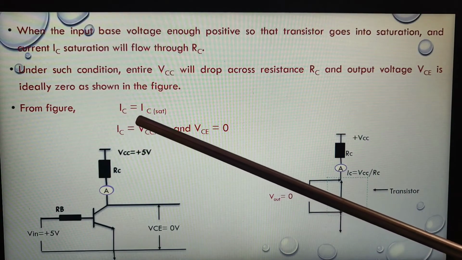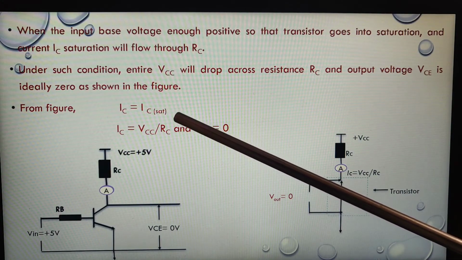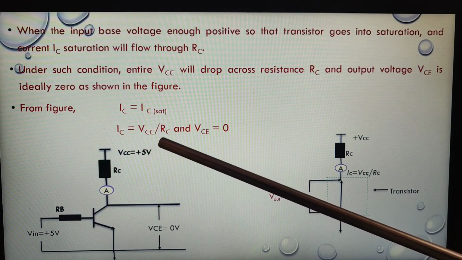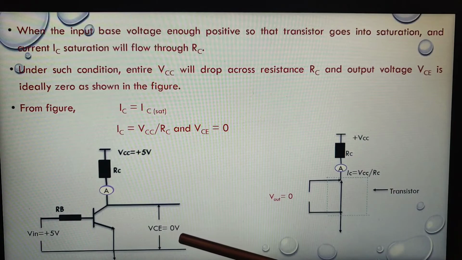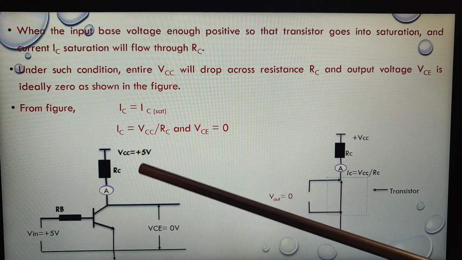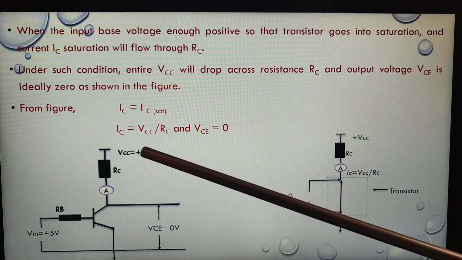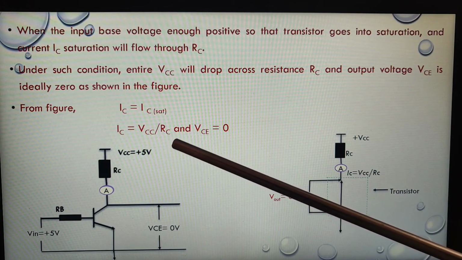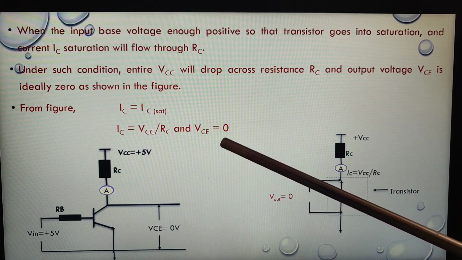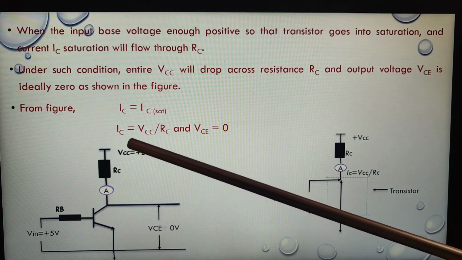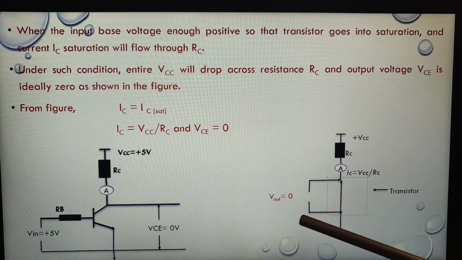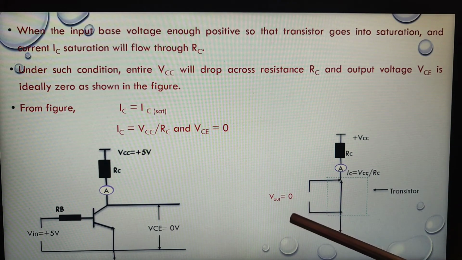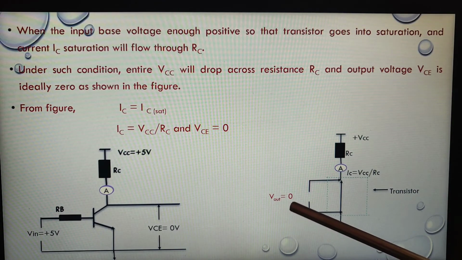So from the figure we write IC equal to IC saturation, therefore IC equal to VCC upon RC and VC equal to 0, right? On the characteristic curve, when VC equal to 0, the current is maximum, that is equal to VCC upon RC. So in figure B, V out equal to 0, that means the output voltage is 0.